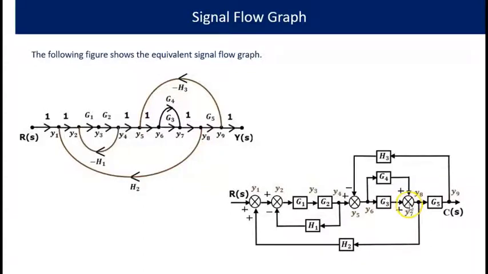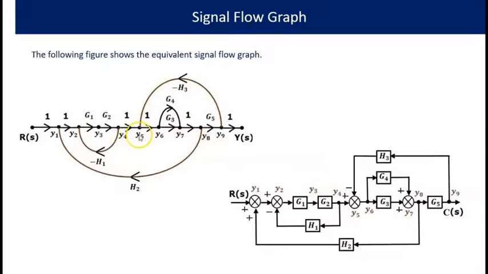Then again, summing point is coming. Summing point and takeoff point here, separate nodes. Then G5. Then the loop, that is, the loop is coming to this particular summing point, that is Y5.